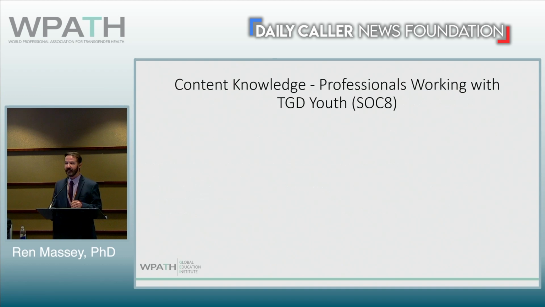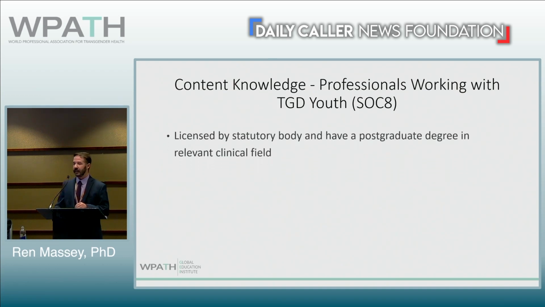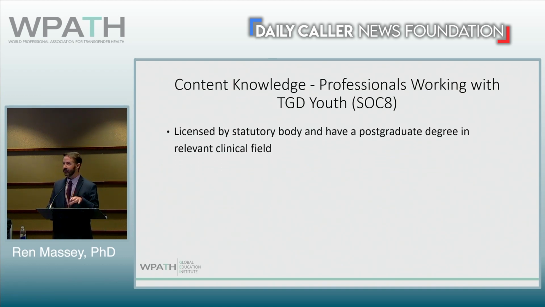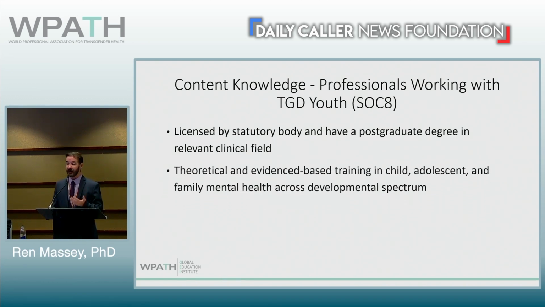We all need to have our grounding in our specific field as well as WPATH-related care. And we have to be licensed and have a postgraduate degree and want to bring theoretical evidence-based training, if we're working with youth in particular, of child, adolescent, and family mental health across the spectrum.